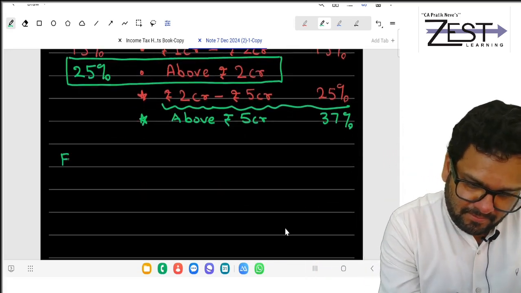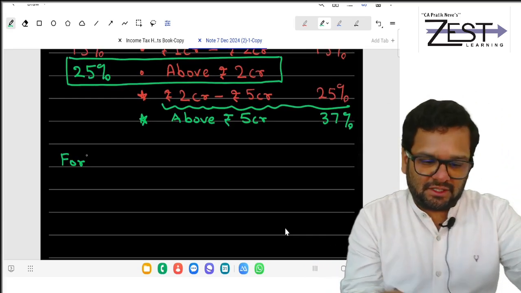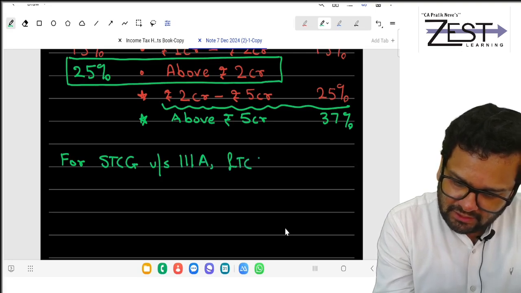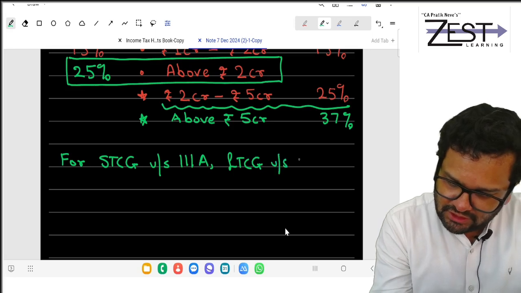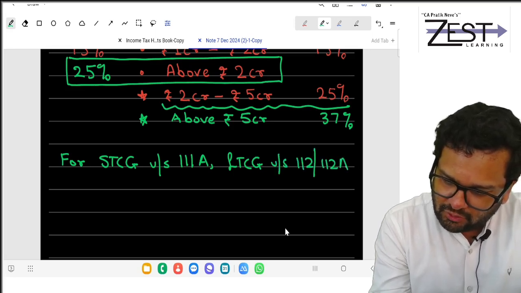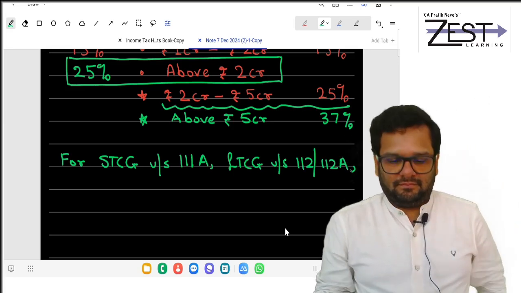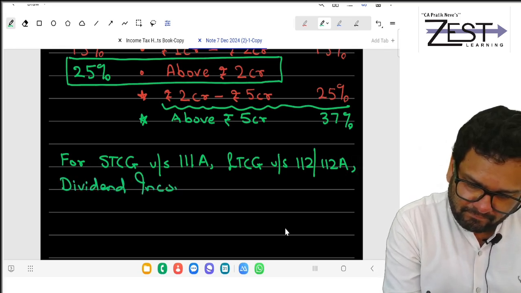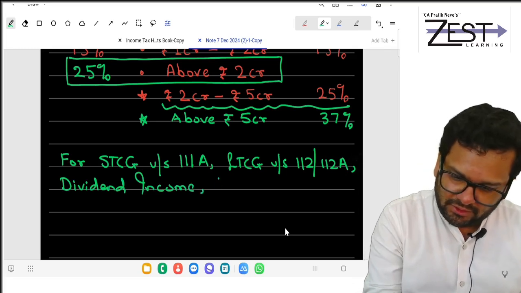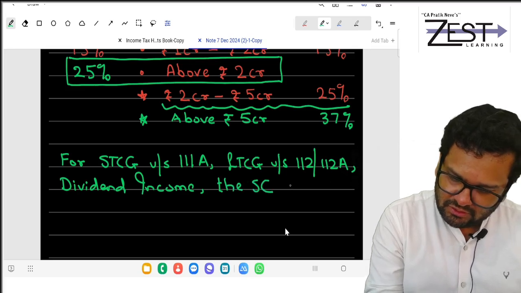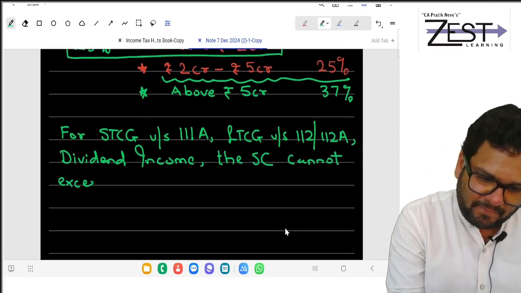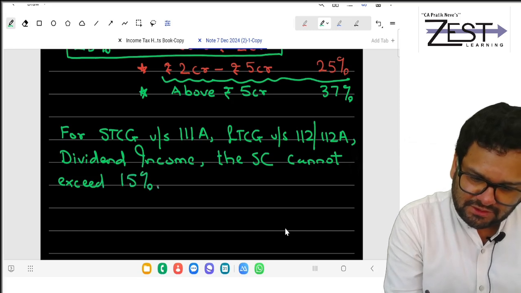For this note, you may not understand immediately, but for STCG under section 111A, LTCG under section 112, 112A, dividend income, the surcharge shall not exceed 15%.